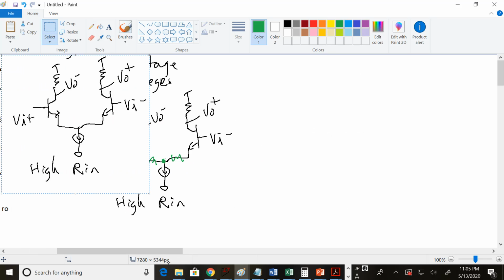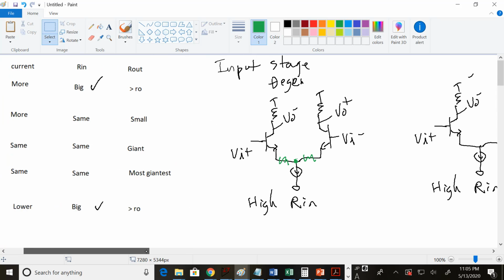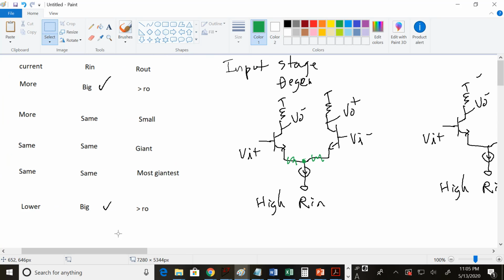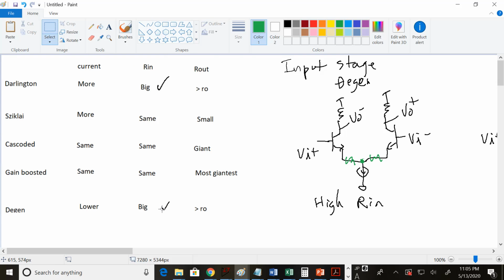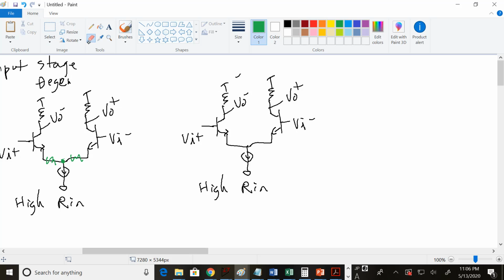The other possibility is, so that's the degeneration solution to give it a higher Rn. There's also the Darlington pair solution.